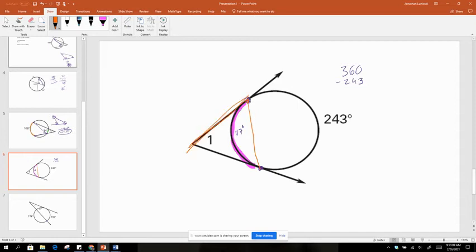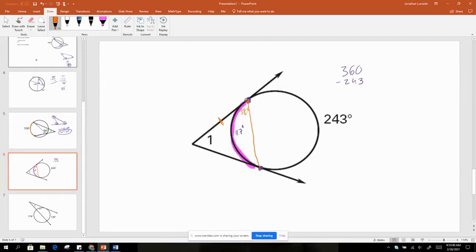So it's kind of hard to see, but I can consider this and that to be an inscribed angle capturing that arc of 117 degrees. So our rule here, again, is to divide by 2. So 117 divided by 2 is going to give us 58.5.